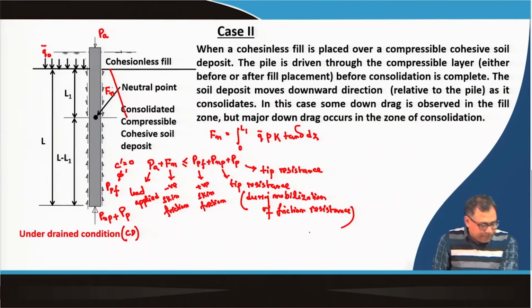Okay, so these are the forces. Ideally these downward loads should be less than the upward loads, and if we want to apply a factor of safety, you can apply a factor of safety also. Now this is the tip resistance, or the downward forces. So I can write that this is the downward forces.